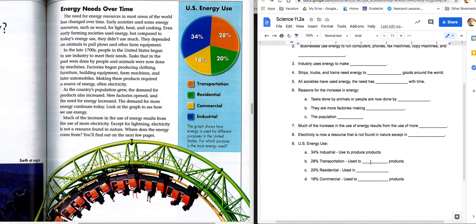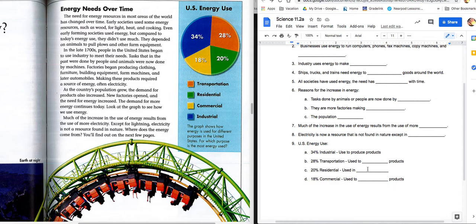Transportation is used to transport the products or move the products. So these are your semis, your trains, your planes, your cars getting to and from, the city buses, taxis, Ubers, that list goes on. That's 28% of all the energy in America going to power our vehicles.